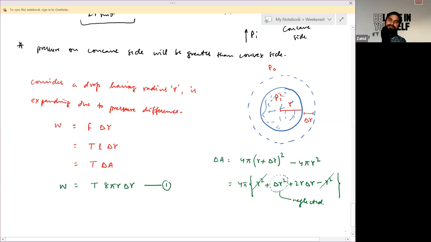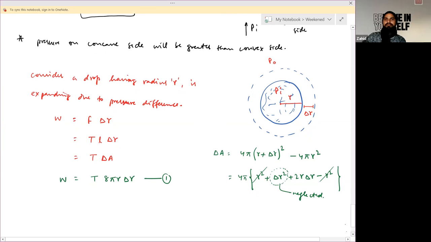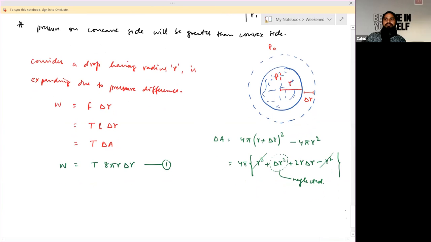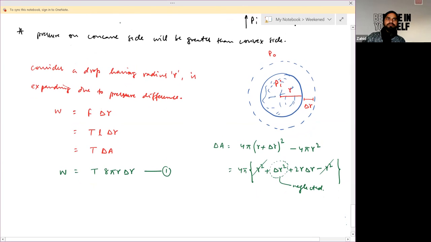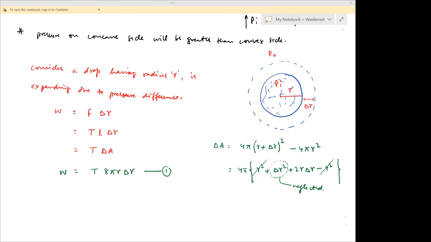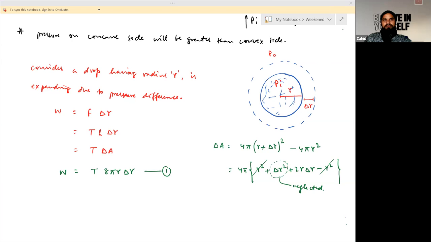Is it clear? How I have got this result for work done? Wahid, is it clear?